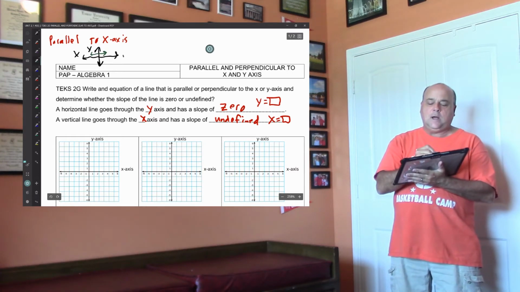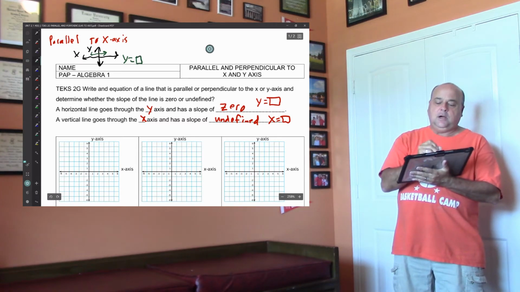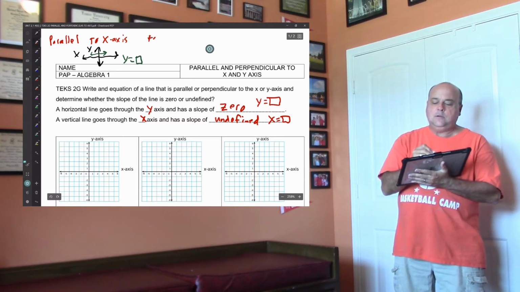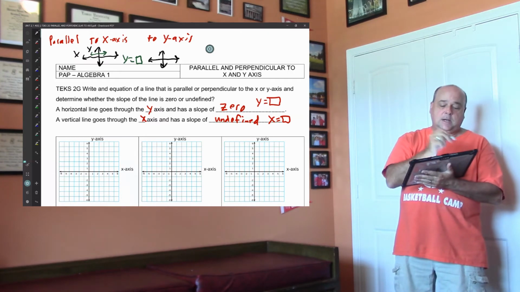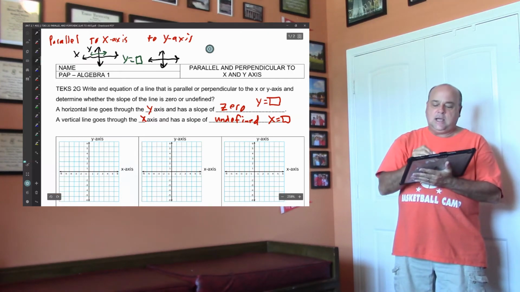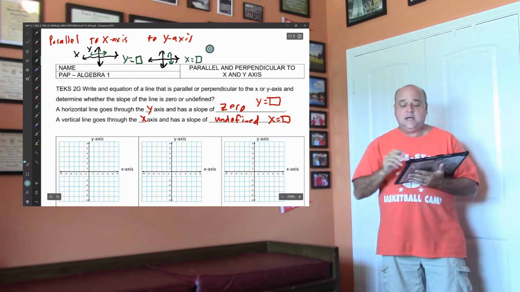And it's going to be y equals something, right? Okay. If it's parallel to the y-axis, draw an xy axis. If it's parallel to the y-axis, it's going to go straight up and down. And if we draw a line that goes straight up and down, it's going to be x equals something, and it's going to be undefined, right?